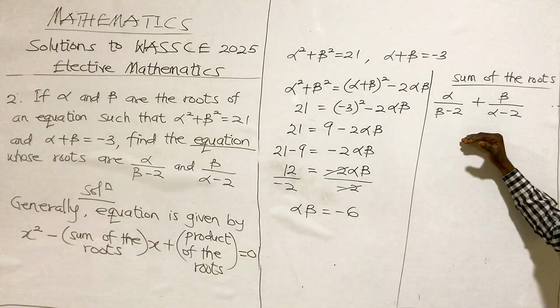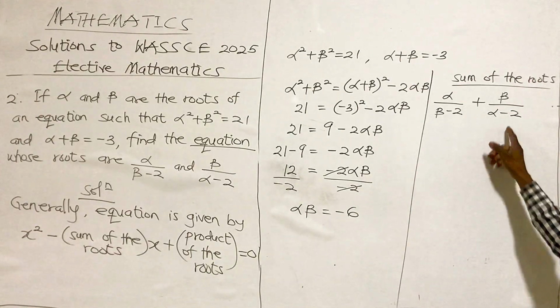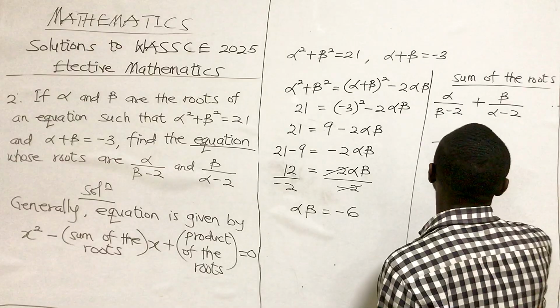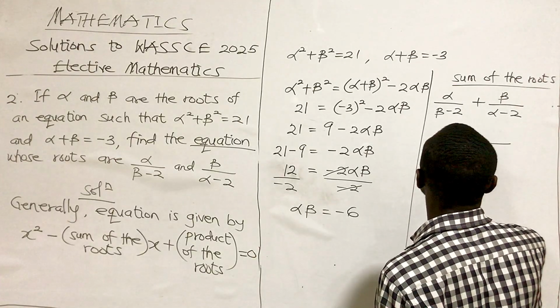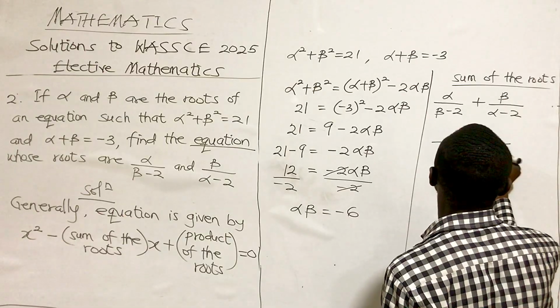To get the sum, we find the LCM, which is beta minus 2 multiplying alpha minus 2.